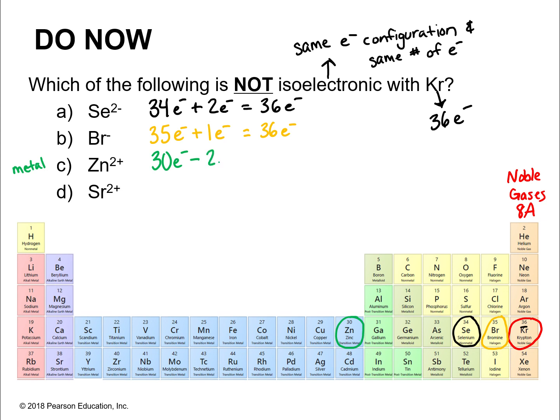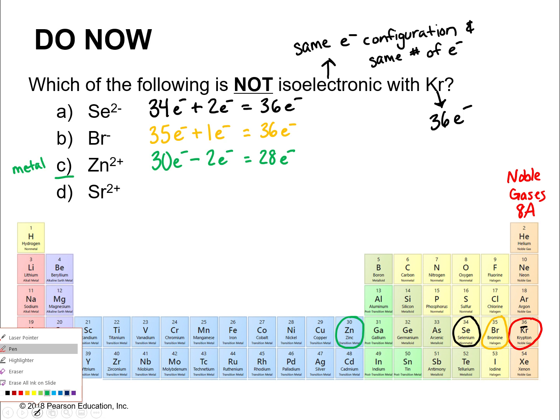So we lose 2 electrons, and we have 28. So far, that's looking like the answer. But for completion's sake, we'll do strontium as well.